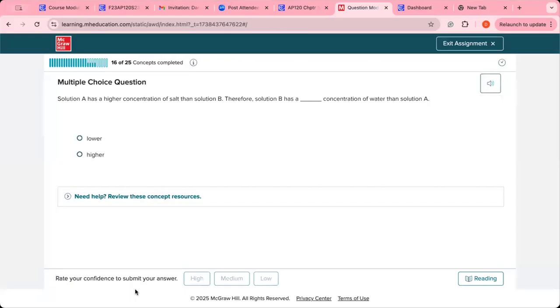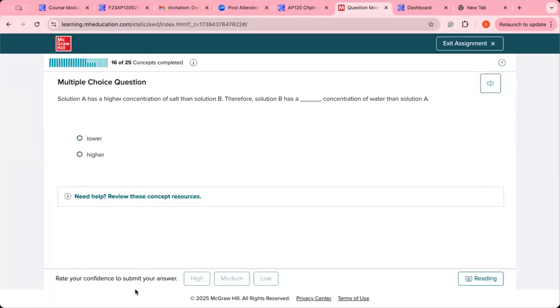A contains more salt than B does. So B would have a higher concentration of water than A does. I think.